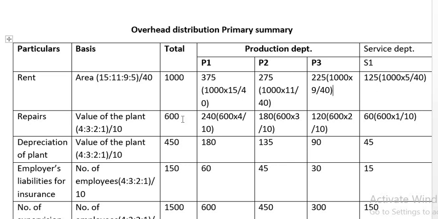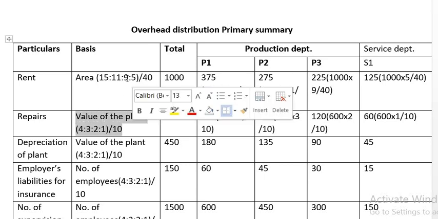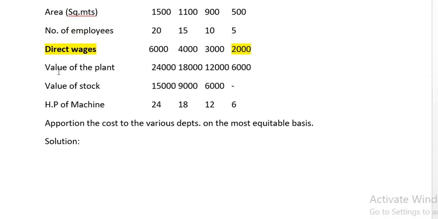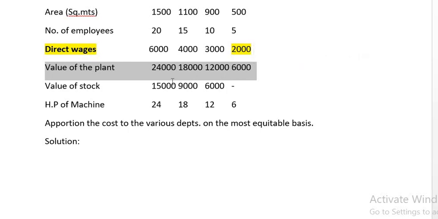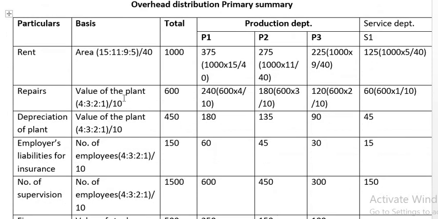Next, repairs, total amount 600 on the basis of value of the plant: 24,000, 18,000, 12,000, 6,000. Cancelling the zeros, the ratio is 4:3:2:1. Total is 10. So 600 is distributed to all four departments.